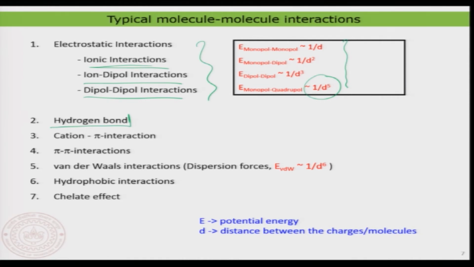Then there are several other interactions, like cation-pi interaction, pi interactions, or van der Waals interaction, which is ubiquitous, present everywhere, and has a strong distance dependence of d raised to -6. And then you also have hydrophobic interaction, the chelating effect, and many such interesting interactions.